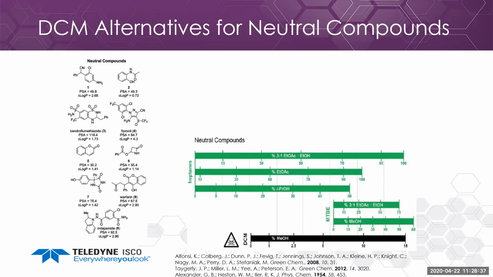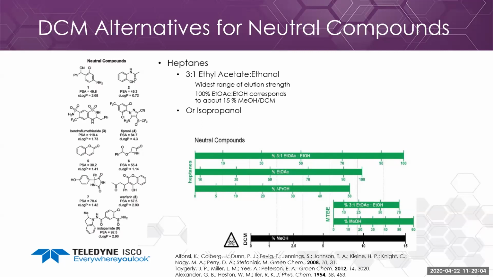Alternatively, you could also use just ethyl acetate, although that only gets you to about 10% of that methanol, or isopropanol. And then finally, another one is using MTBE, methyl tert-butyl ether, as your base solvent, and then mixing that with the 3-to-1 ethyl acetate ethanol or methanol by itself. And you can get similar separations for this group of neutral compounds here.